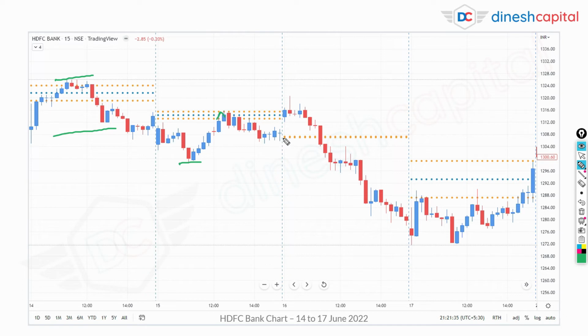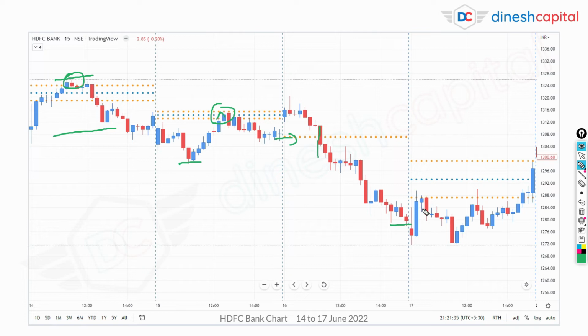This created an extremely narrow pivot on the 16th of June. It also signaled a big breakout opportunity. Note these levels clearly. On these days, the price was not able to break the top central pivot level. But on the 16th, it broke the extremely narrow pivot range so easily and closed at the day's low.